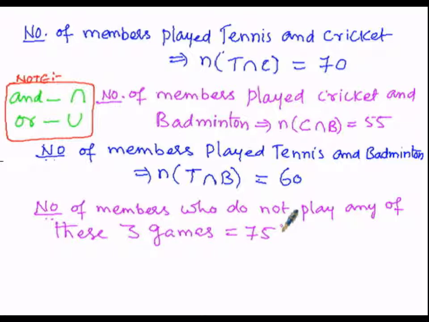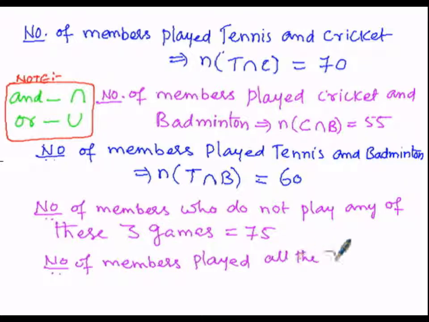Then he is asking us to find the number of members who played all the three games, that is n of T intersection C intersection B, tennis, cricket and badminton. They are unknown. So we have to find the value of n of T intersection C intersection B, which is unknown.